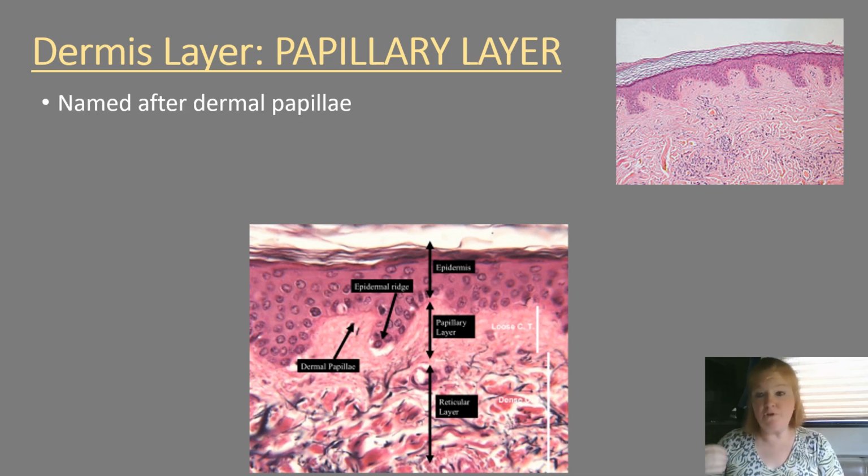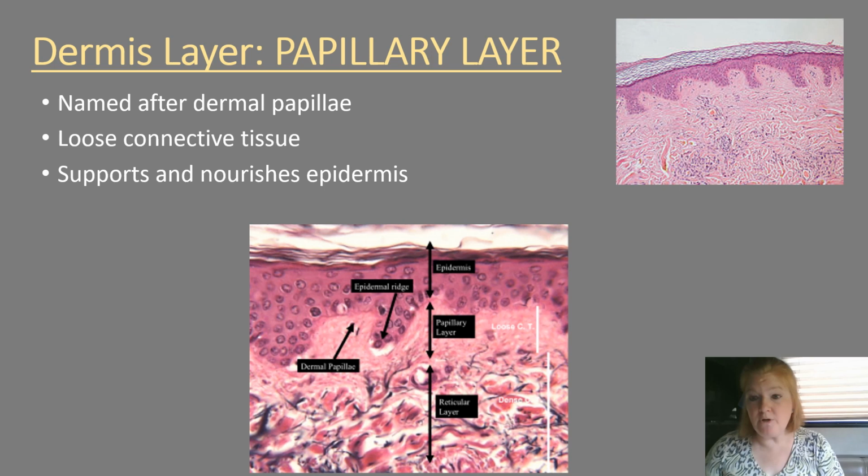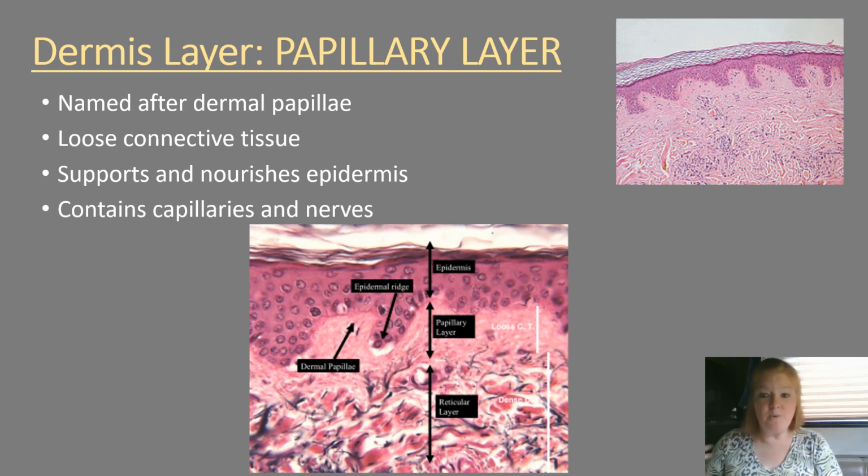It's named after the dermal papillae, those parts of the dermis that bulge upward in between those epidermal ridges. It's loose connective tissue. It supports and nourishes the epidermis. So remember, it means it has a lot of blood vessels. It contains capillaries and nerves for sensation and for supplying nutrients and removing wastes from the cells of the epidermis.